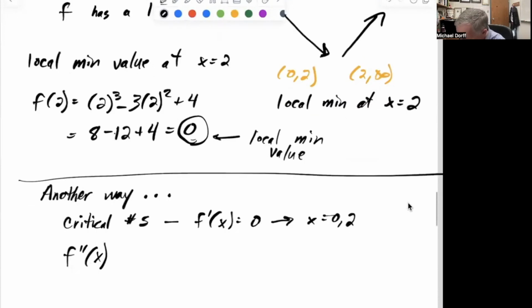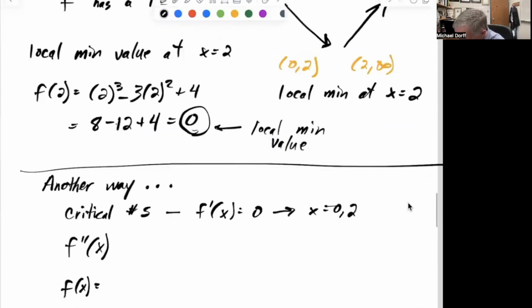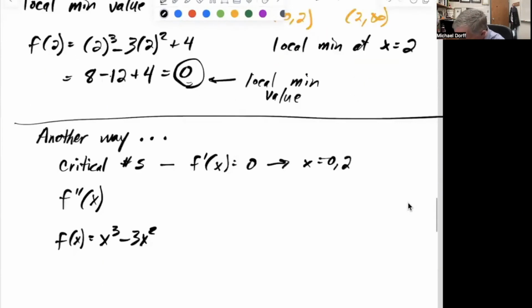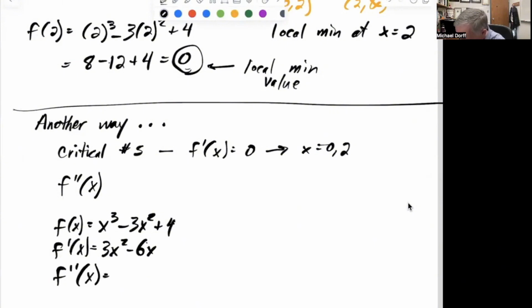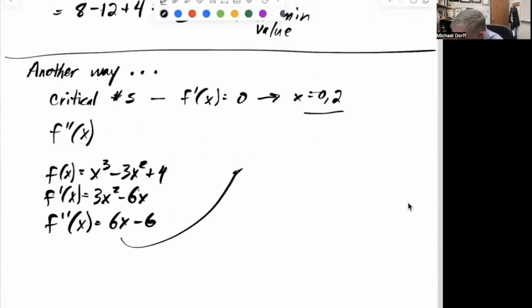But if I go back to my function, recall my function was, I'm going to write it down here because we don't have it written, x cubed minus 3x squared plus 4. So the first derivative was 3x squared minus 6x. The second derivative is going to be 6x minus 6. Now let's take the critical numbers and evaluate the second derivative.